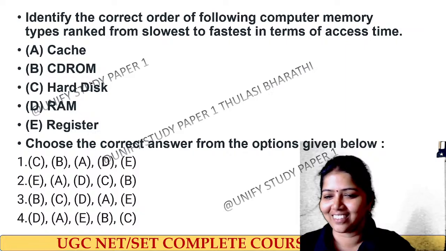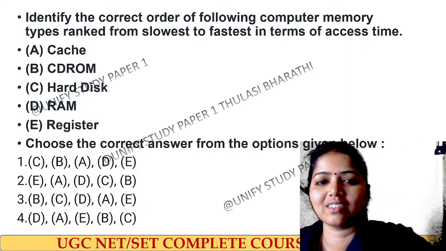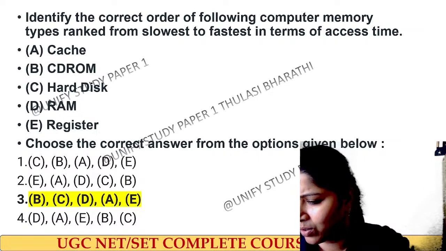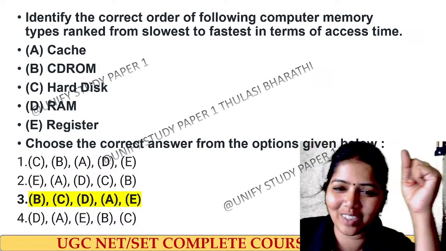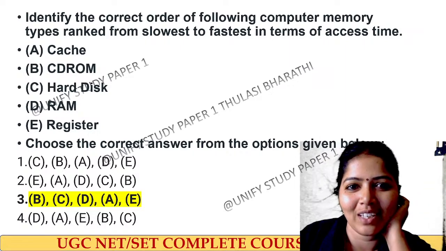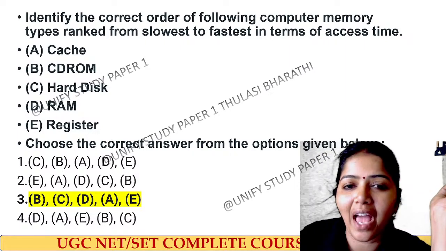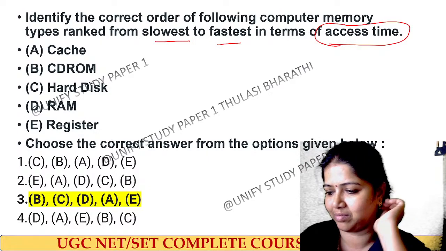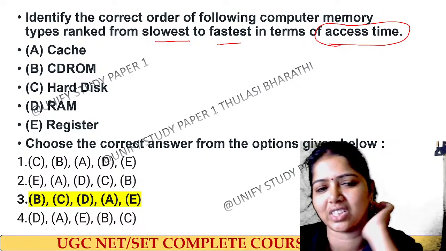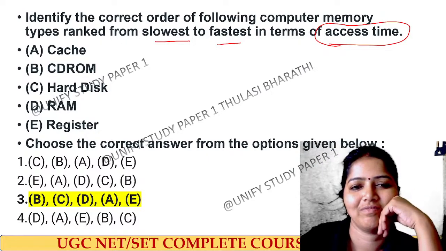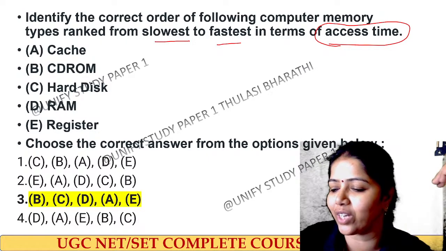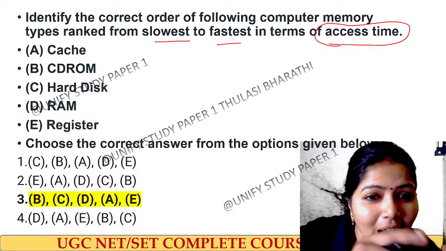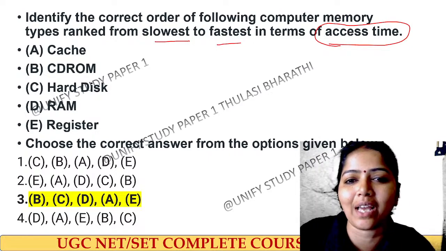Yes, right. The right answer for this question is... Yes, you all caught. Which of the following computer memory types are ranked from slowest to fastest in terms of access time? Slowest to fastest. Just now we did. Which has the slowest access time?